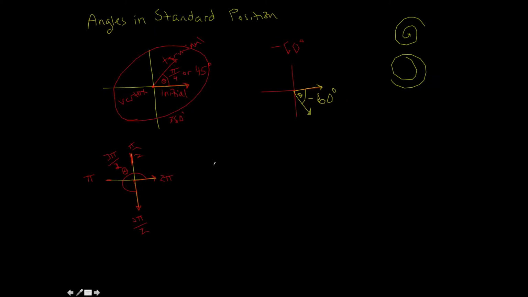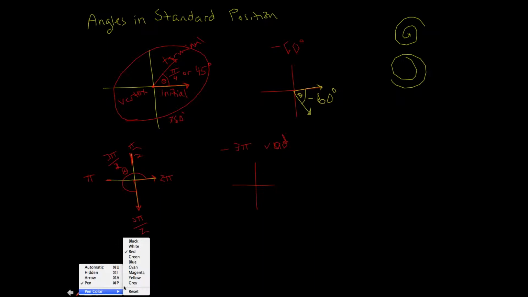Well, what if I gave you negative 3 pi? I want you to figure out where negative 3 pi radians happens to be. So draw yourself your axis. I know my initial side is here, and I know that negative means I'm going down.